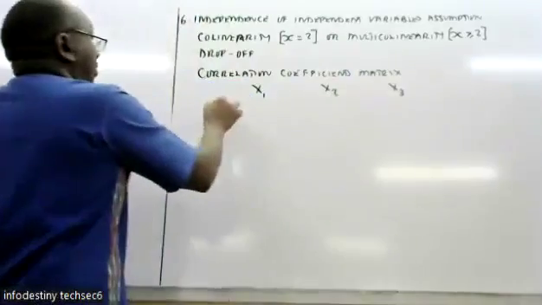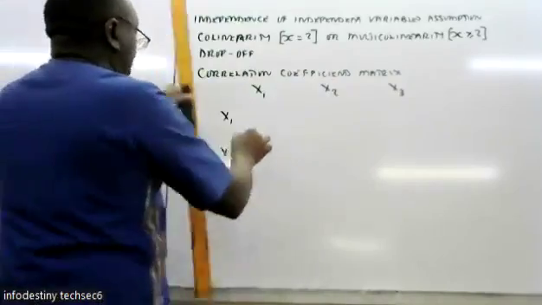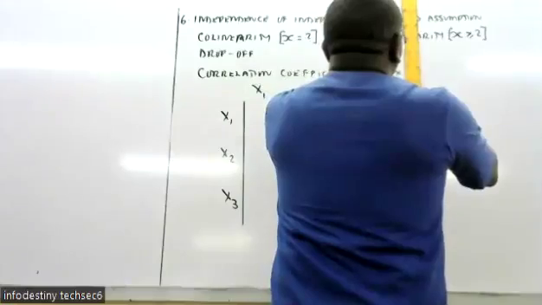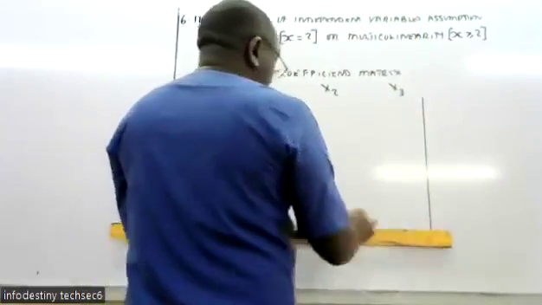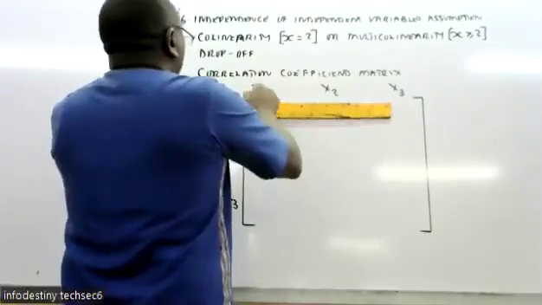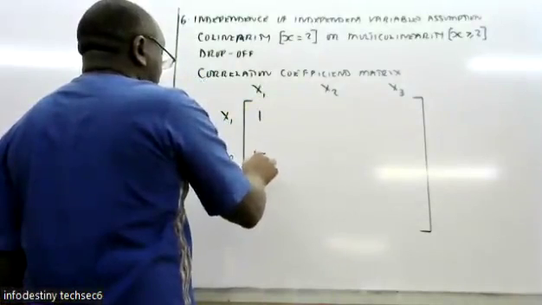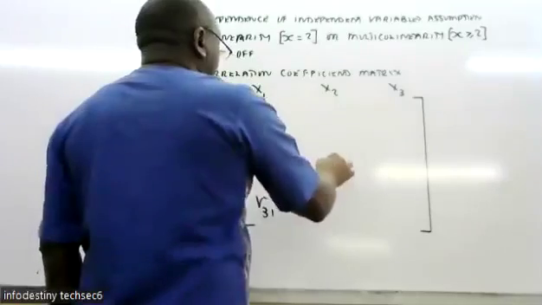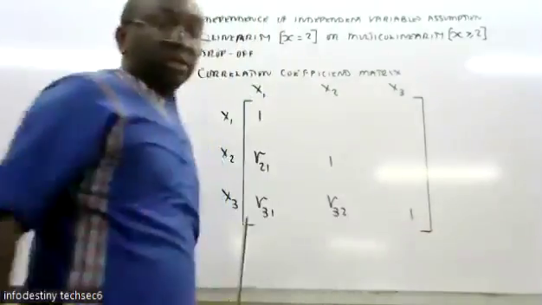Now you can prepare something like this: x1, x2, x3. The correlation coefficients matrix. So this is 1. This is R between 2 and 1. R between 3 and 1. This is 1. This is R between 3 and 2. This is 1.